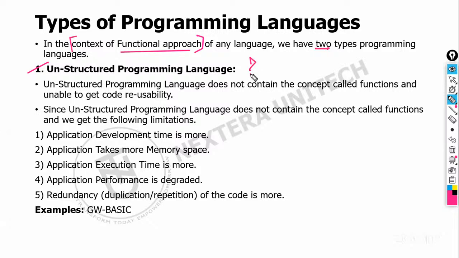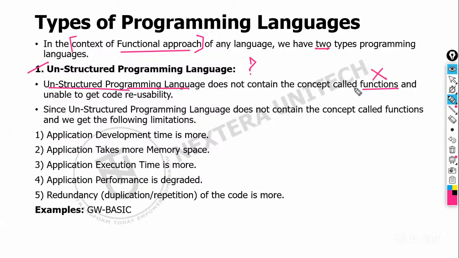So what is unstructured programming language and what is structured programming language? Let us understand, guys. Initially, let us understand what exactly is unstructured programming language. A language which does not contain the concept of functions. In a programming language, there is no concept of functions. So such kind of programming languages are called unstructured programming languages.